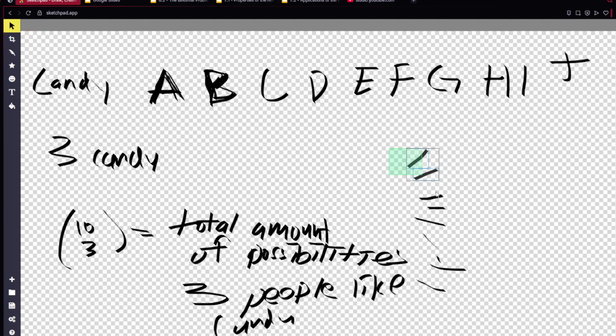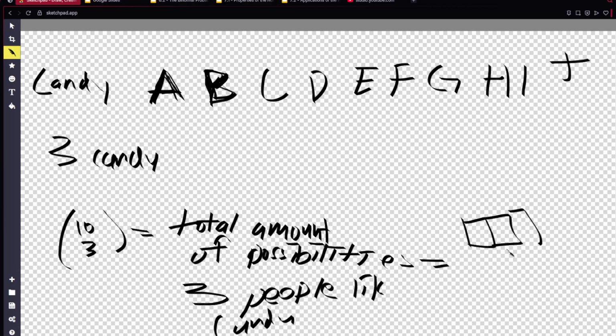So these are simply 3 ways or possibilities that someone can like candy. So we have 3 here, 3 here, and 3 here, and so on and so forth. And these can be, as we mentioned, ABC, ABD, ACD, ACE, ACF, AFG, and so on. These measure all the ways that people can be arranged into 3 groups.